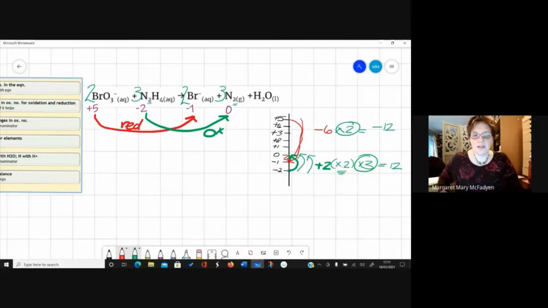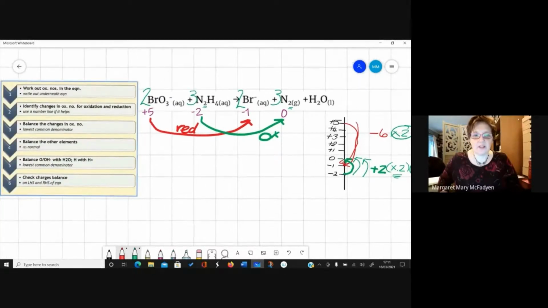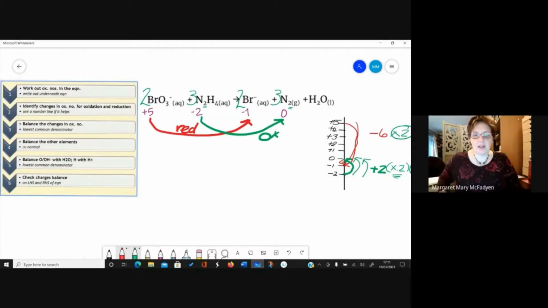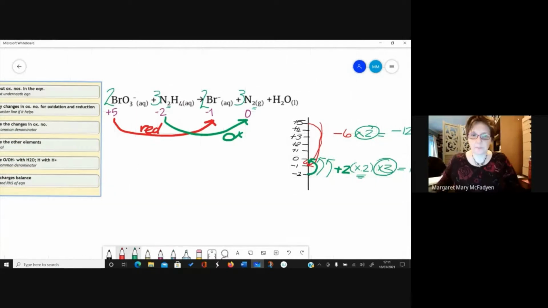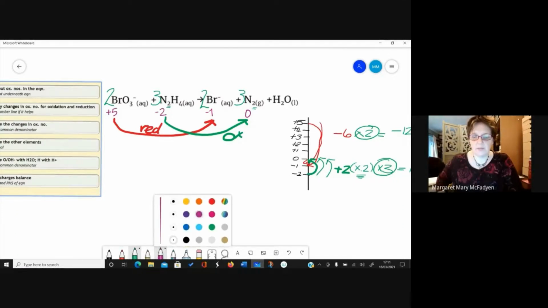So our next step, because we're not quite finished yet, balance the other elements. So if we look at the hydrogen and the oxygen, so here we can see that at the moment we have 2 hydrogens and 1 oxygen, but that's not what we've got on the other side. If we do 3 times 4 here, we have 12 hydrogens.